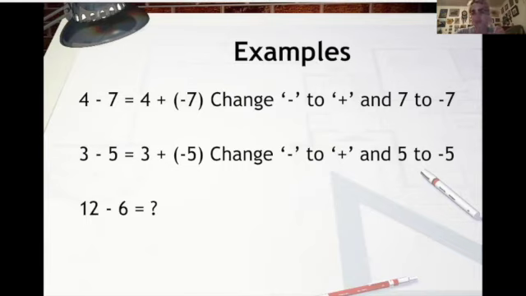We're changing the negative to a positive, so 7 to -7. And we have 3 minus 5 equals 3 plus -5. We're changing the negative to a positive, making 5 to a -5.